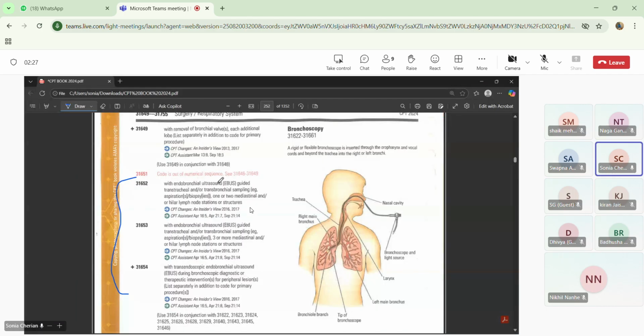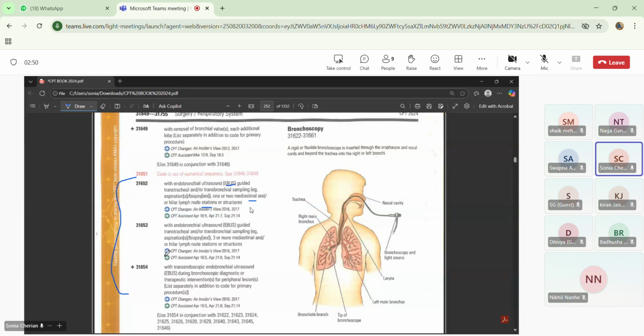This is for EBUS, for 1 or 2 lymph node stations. In your OP chart, they will mention from how many lymph node stations they have taken the samplings or biopsies. So if it is 1 or 2 lymph nodes, then your CPT is 31652. If it is 3 or more than that, then it is 31653.